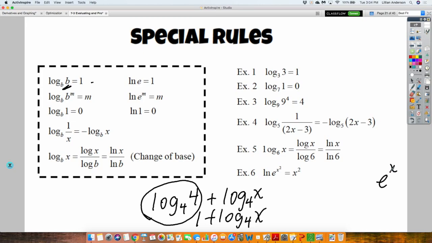This one right here, this last one at the bottom, log base b of x. This is a formula called the change of base formula. This allows you to find the log of any number using your calculator. It's a simple process, but it's not as simple as just pressing the log button and then the number.